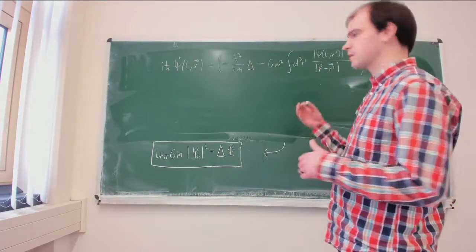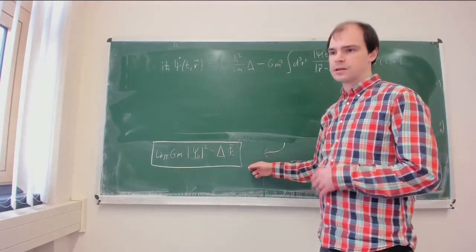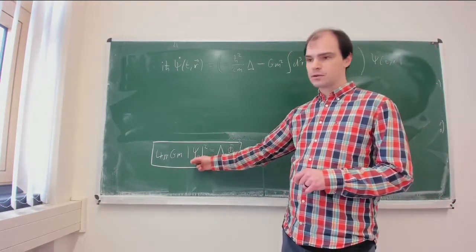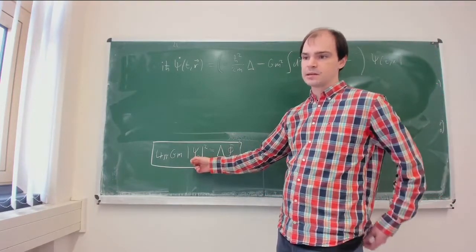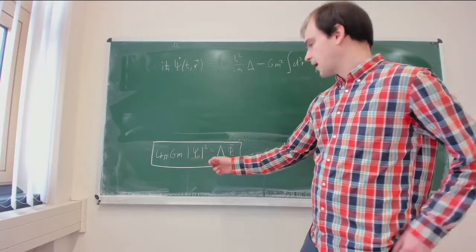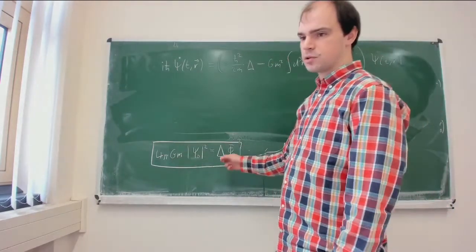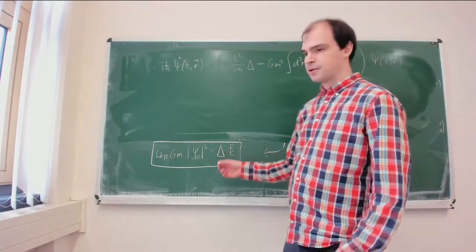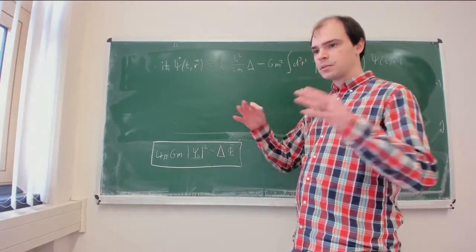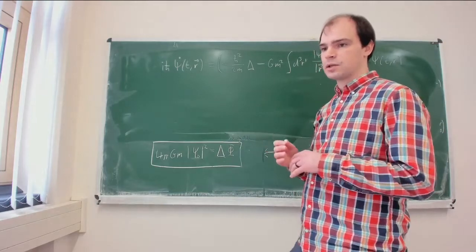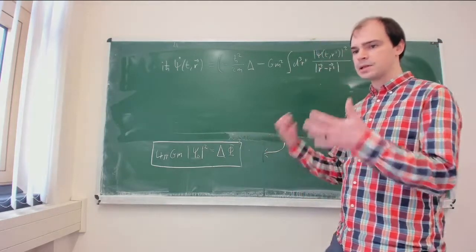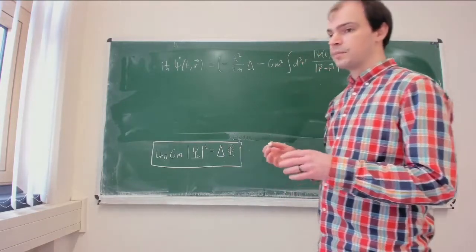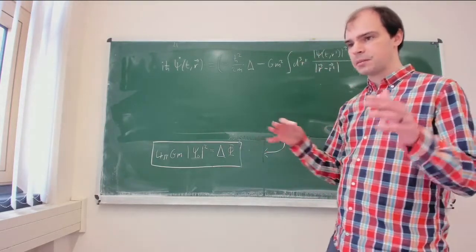And the way this behaves, which is much easier to see with this Poisson equation, is that the wave function, or the probability density that comes from the wave function, acts like a source of the Newtonian gravitational field. So you can think of it as if you have a wave function that evolves somehow according to the Schrödinger equation, but the probability density, psi squared, from this wave function, you can also interpret now as a mass density.